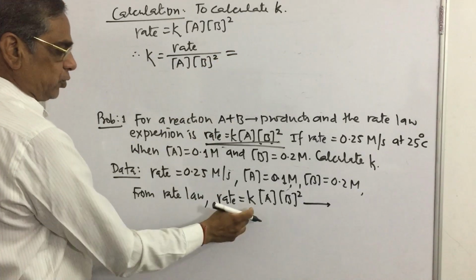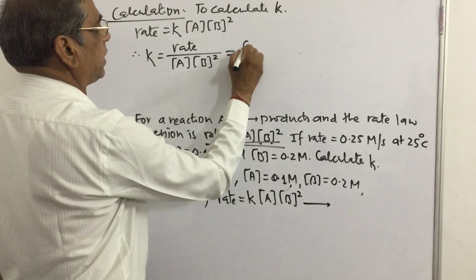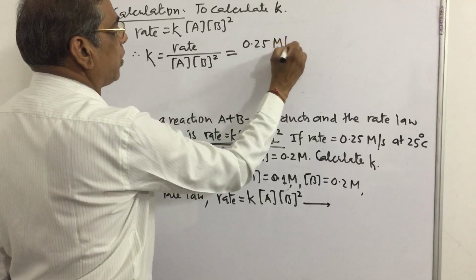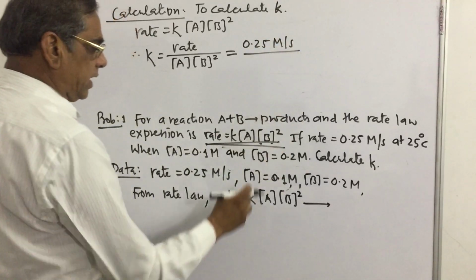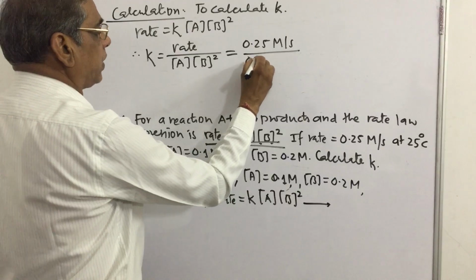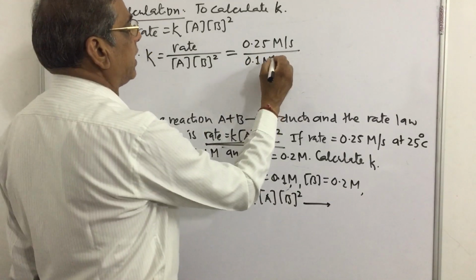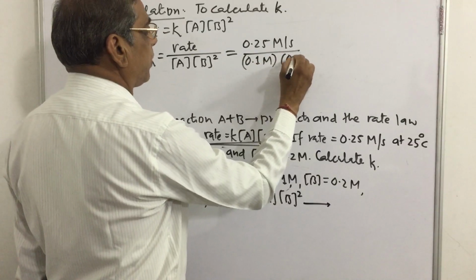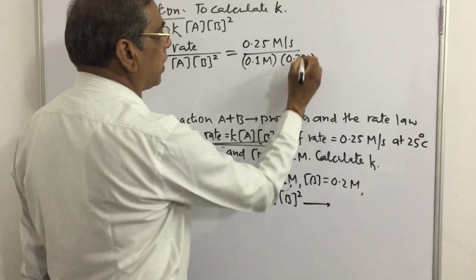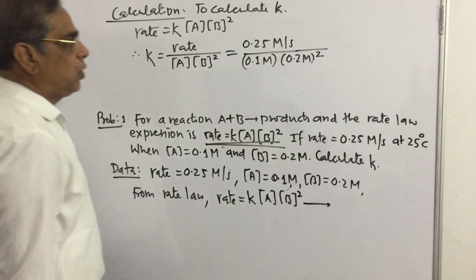Now putting the values, that is the rate 0.25 molar per second, concentration of A 0.1 molar, and concentration of B 0.2 molar raised to the power 2.